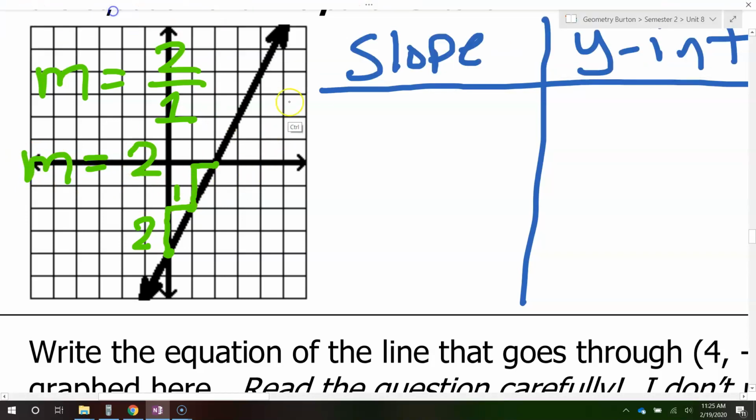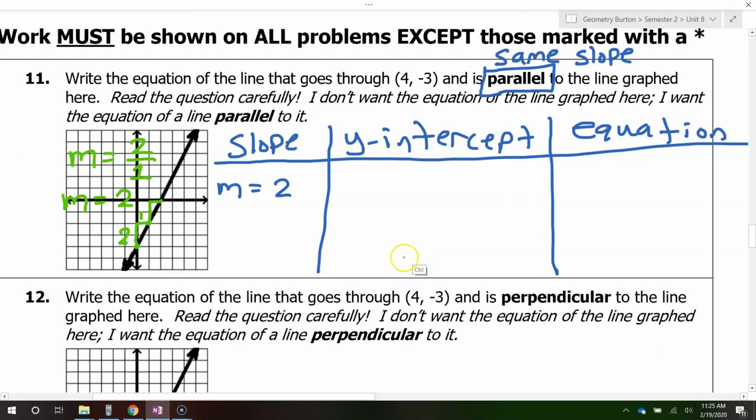So that means m is 2 for the line that we're trying to write, because parallel lines have the same slope. Now, the rest of the problem is the same as what we've done many times already. So we're using the idea of y equals mx plus b in order to find the b value. We're looking for the y-intercept.